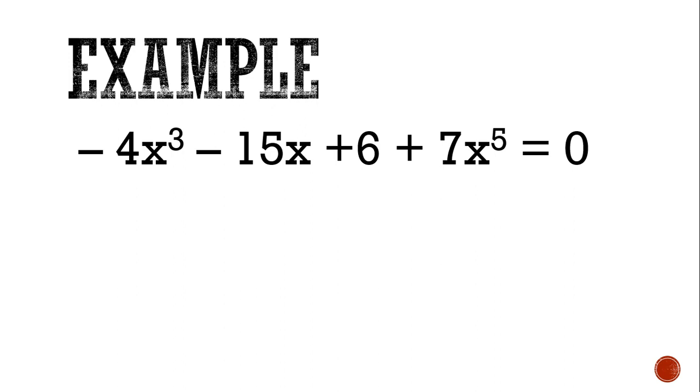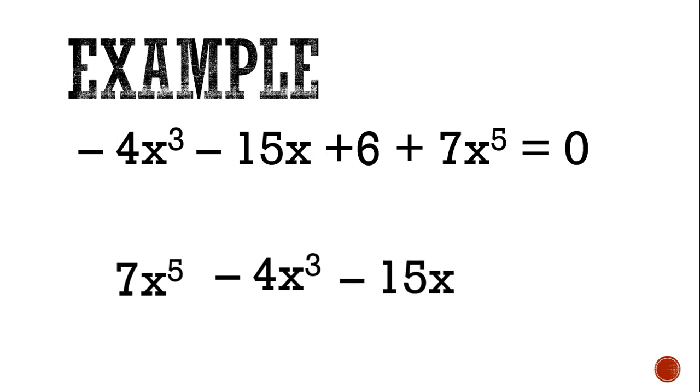The term which has the highest degree is positive 7x raised to 5. The next term should be negative 4x cubed. And the term next to it is negative 15x. And the last term is positive 6.